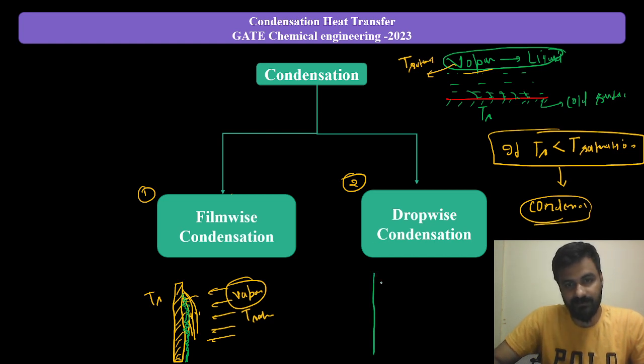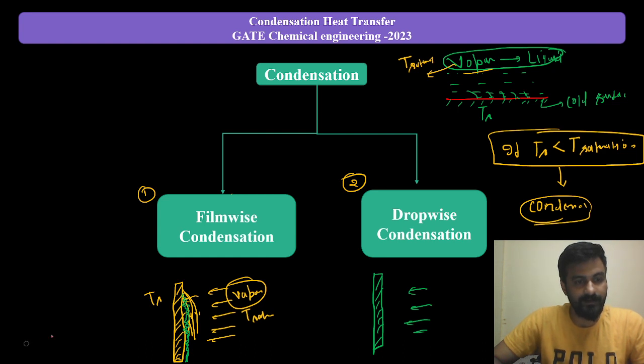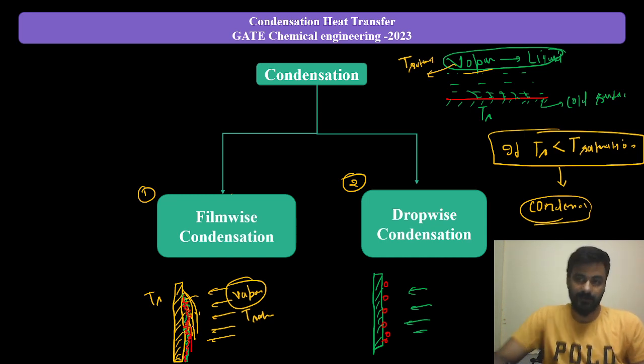But when it comes to drop-wise condensation, the vapor comes in contact with this surface and forms drops on this particular surface. Here there is a complete film deposited on the surface, but there the vapor is getting condensed in the form of drops.